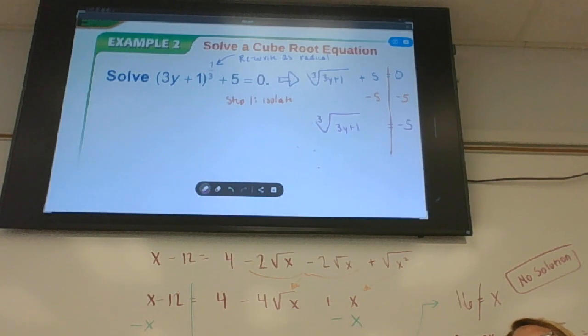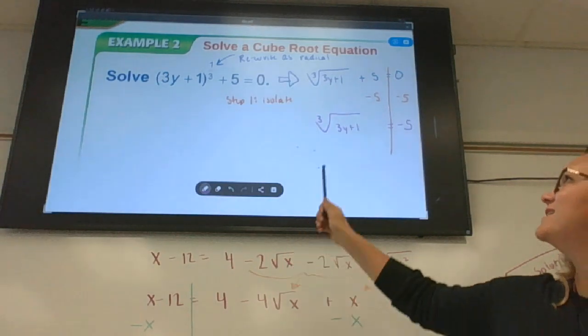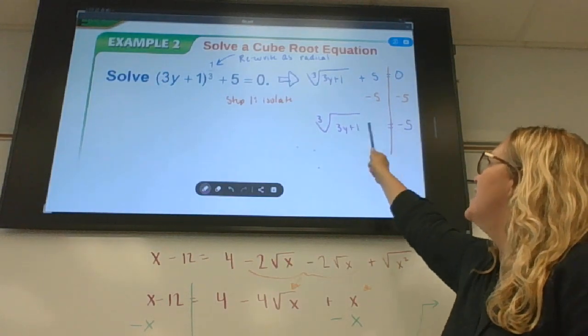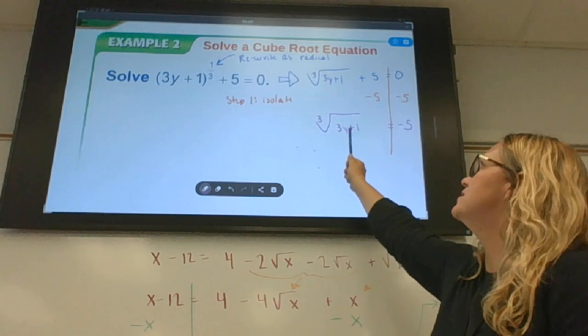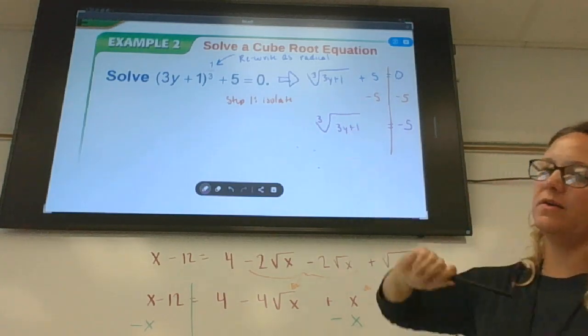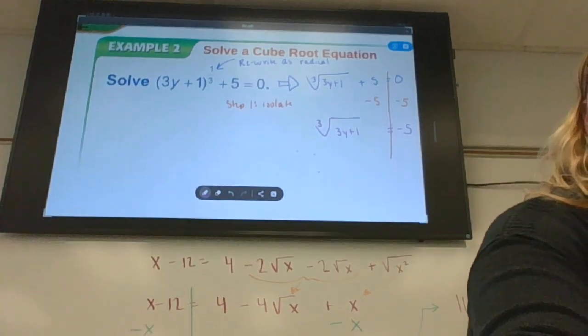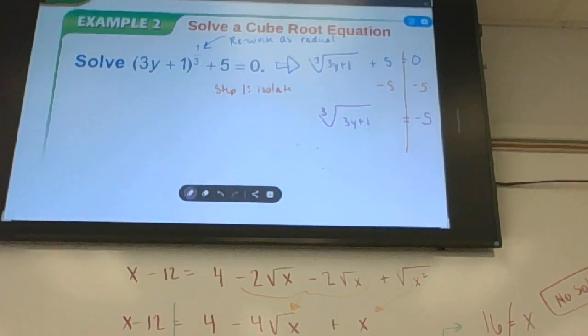Matthew, what do you think? Right here, how am I going to get rid of this radical so I can find that y value? It's step 2. Did you write the steps down? No. Joanna? It's a cube root, so we're going to raise both sides to a power of 3.